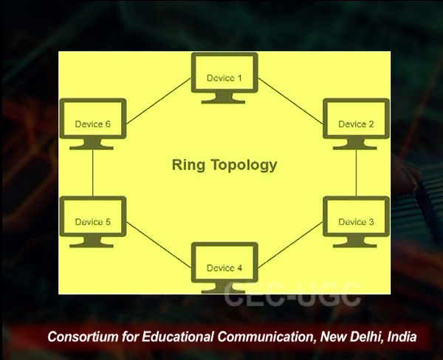You can see device 1 is connected to device 2 as well as to device 6, then device 3 is connected to 2 and 4, and so on. In simpler terms, one on the left side, another on the right side. It forms a ring-like structure, so that's why it is known as ring topology.